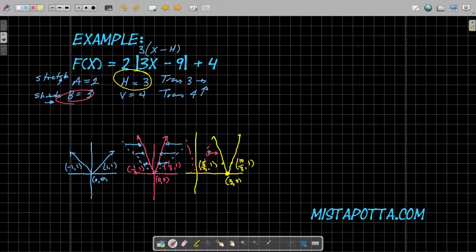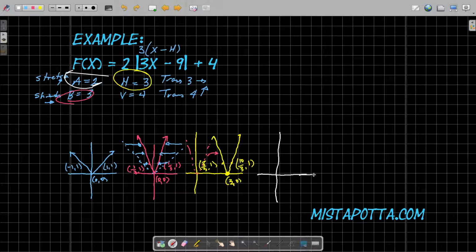And then, of course, the next thing I need to do is dilate it vertically, our vertical stretch, by a factor of 2, which means that my y-coordinates are going to end up being doubled. So instead of my y-coordinates being at 1, my y-coordinates are going to be at 2 for these 2 apex parts.